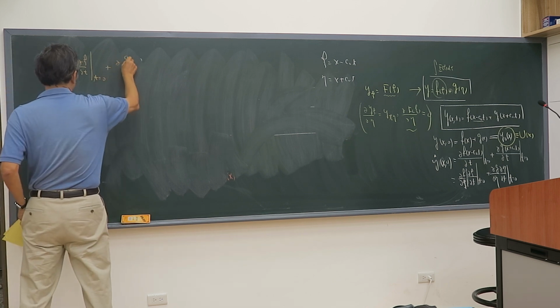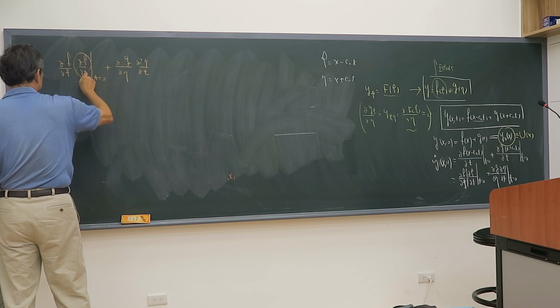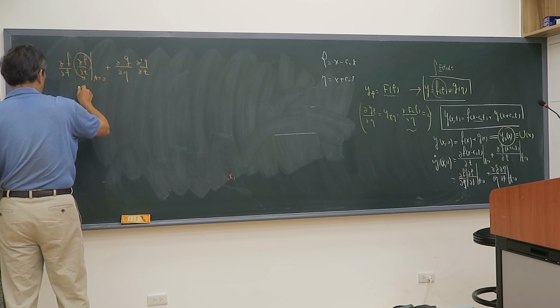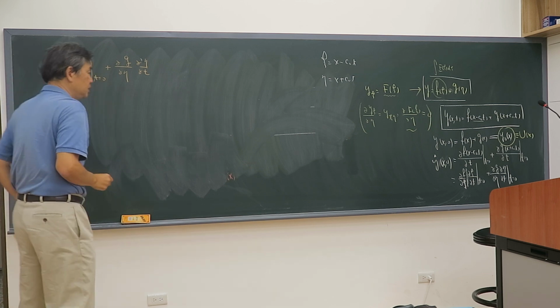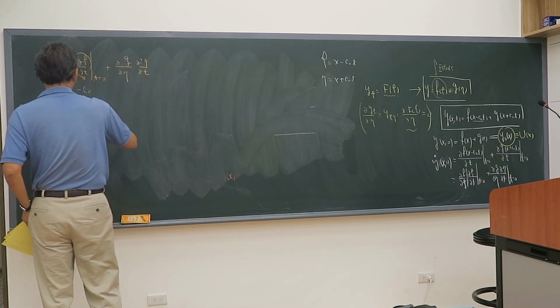Plus partial g, partial eta, partial eta, partial t. And partial xi, partial t is minus c0, and partial eta, partial t is plus c0, right?